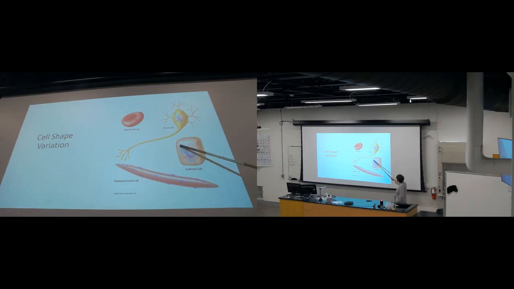In this case, this is a square cell, so this is a cuboidal cell, and it may help to secrete items into the surface of the lining of the stomach, for instance, or the lining of the respiratory system, like mucus, for instance, so that it can lubricate our passageways so that we can transfer food or air. So that's the function of these cuboidal cells.